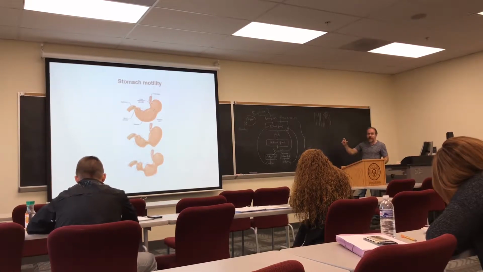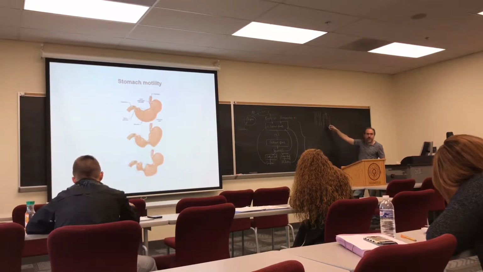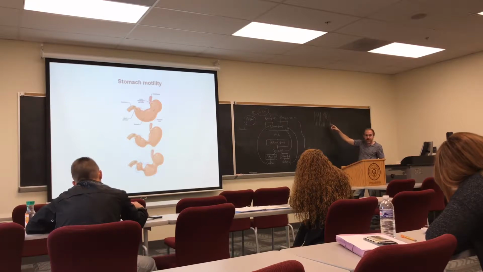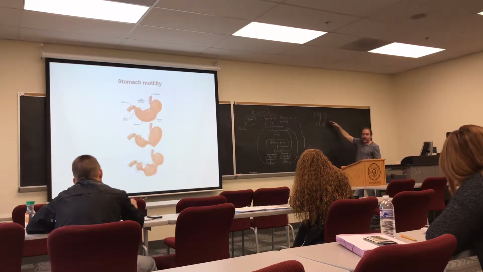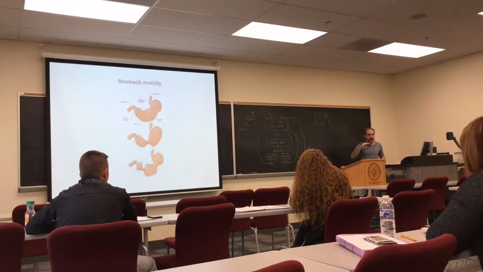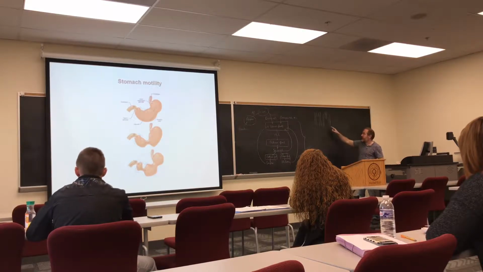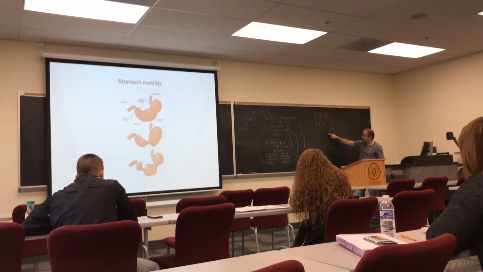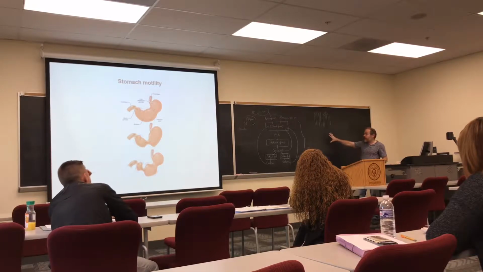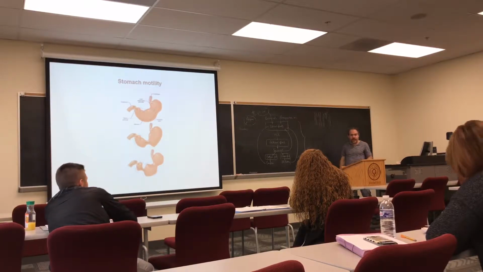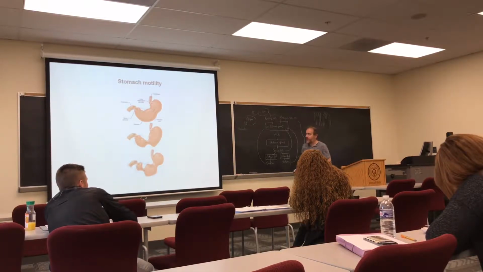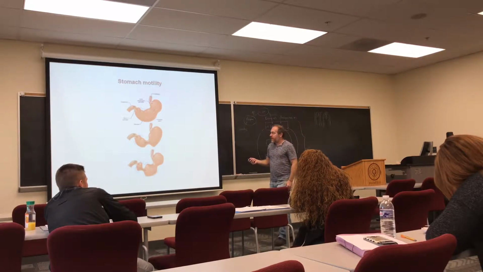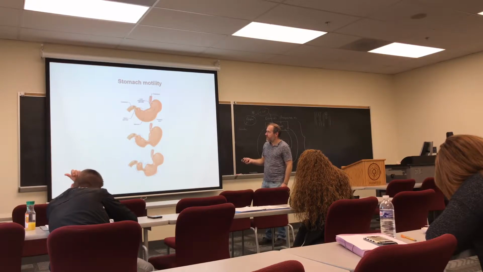So if you can generate a wave of contraction that does this, and you can coordinate which are the muscles that you want to contract at each particular time, then you're going to move the food from here to here, right? Well, in the stomach, the same kind of movement happens. We have peristalsis.